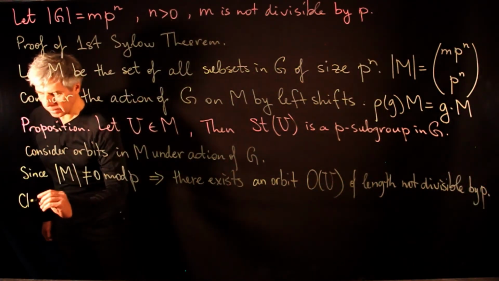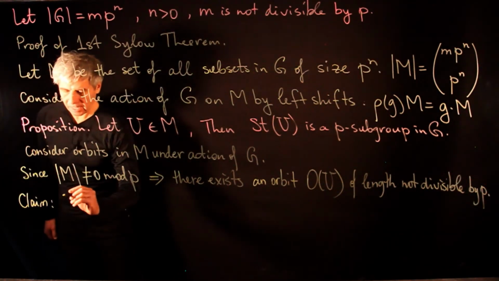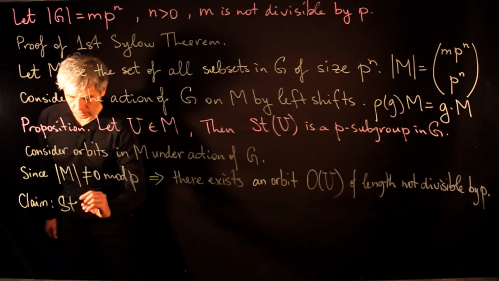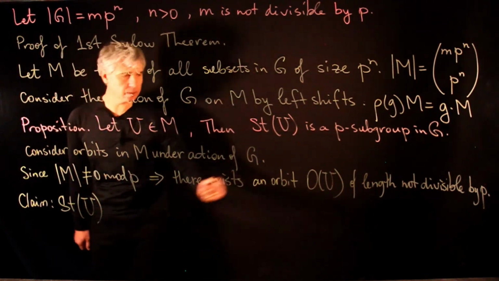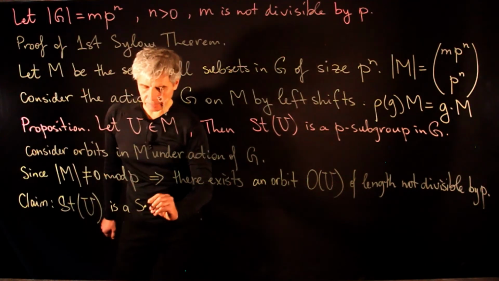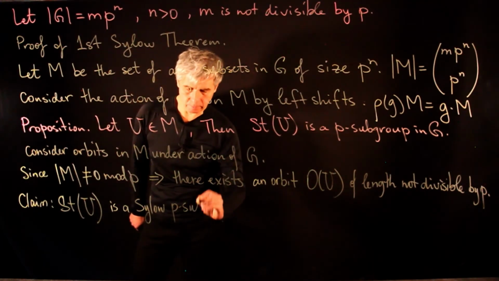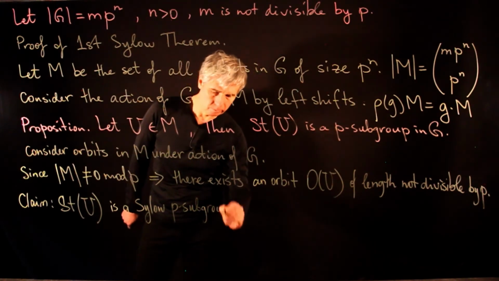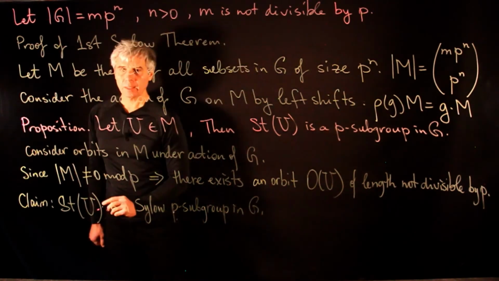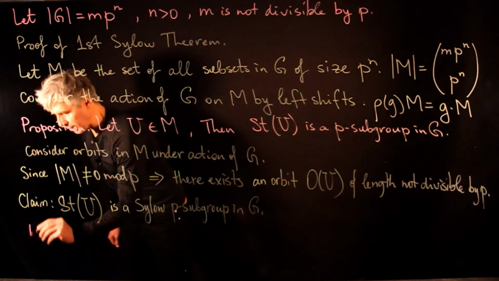So what we claim is that the stabilizer of this set is a Sylow p subgroup in G. Let us write down our orbit-stabilizer formula.